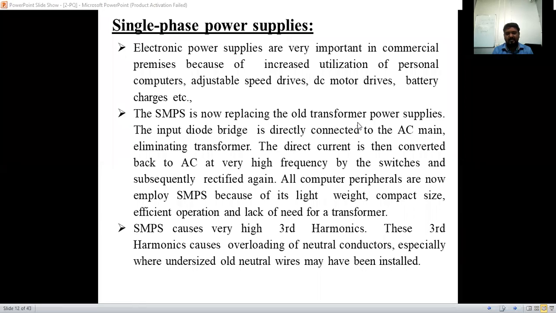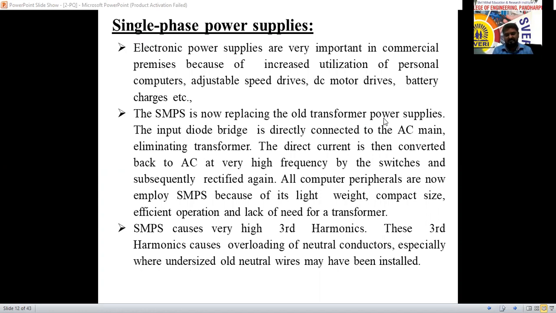I will not point out any names. If you know, you tell. If you don't know, you don't say no at least. So what do you mean by transformer? At least tell the single phase transformer definition.